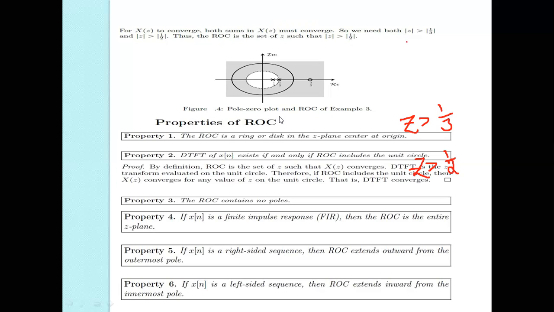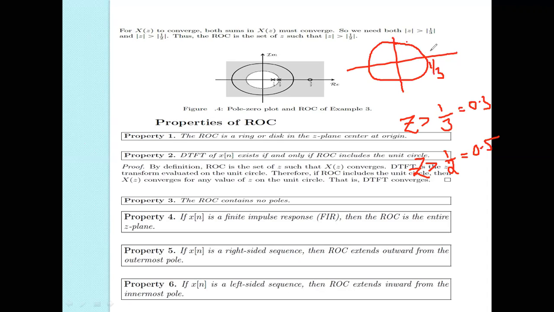The pole-zero plot of the ROC of the example, I will show here. For the ROC, we can take z equals 1/3 here. 1/3 means a point around 0.33, and this one is 0.5 something.